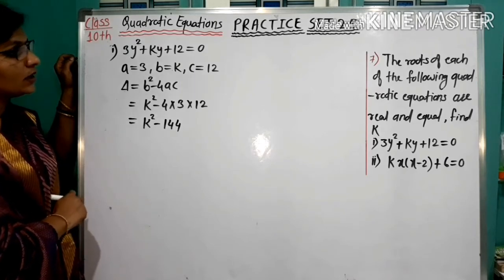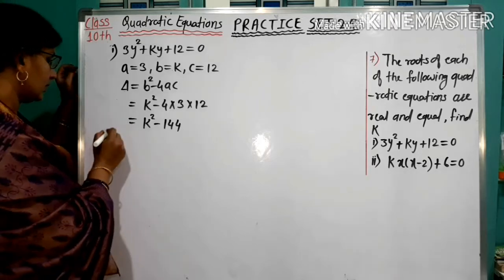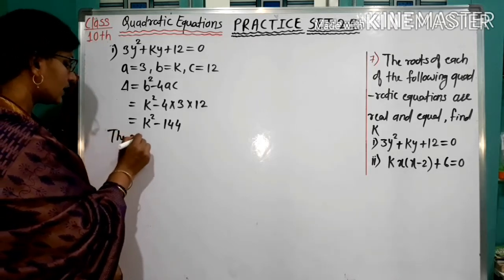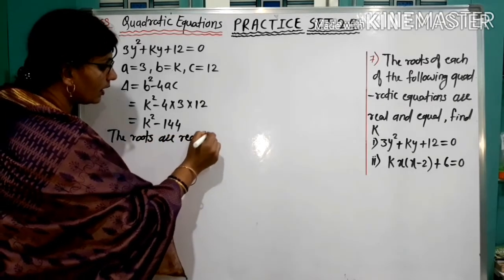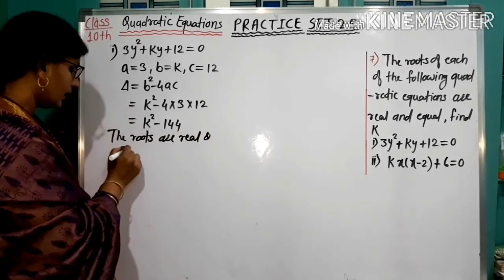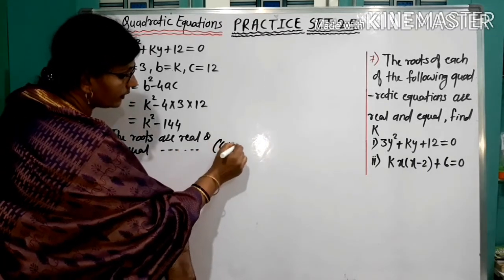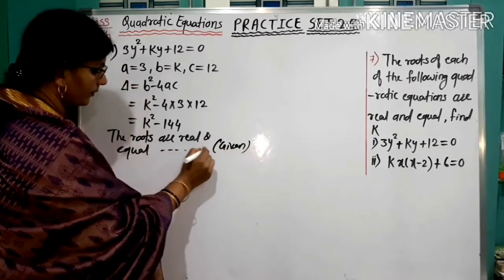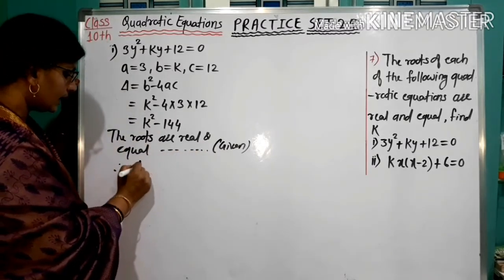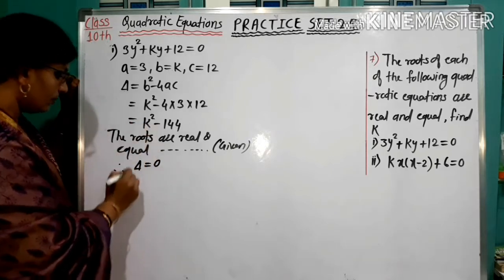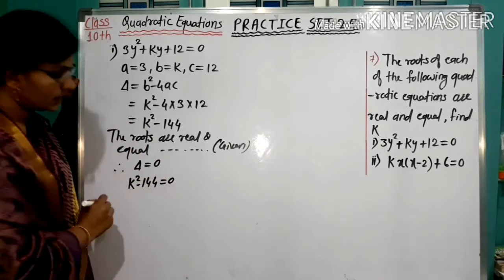But given, the roots of this equation are real and equal. This is given. Therefore, this delta equals 0, which means k square minus 144 equals 0.